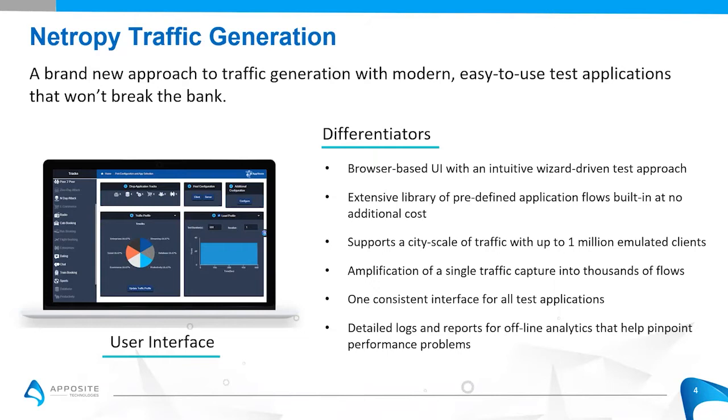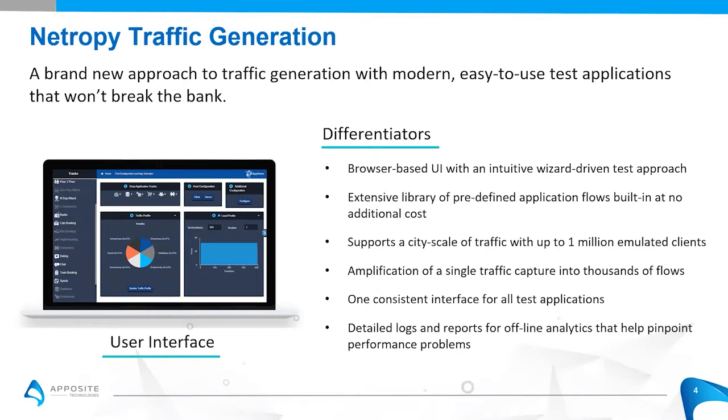But for now, we're sending it out with a large library preloaded. Each of our physical ports can emulate up to 1 million clients or unique IPs. So we can make it look like there's millions of clients sending this traffic, or the traffic is originating from millions of IPs, or you could just do it as one.